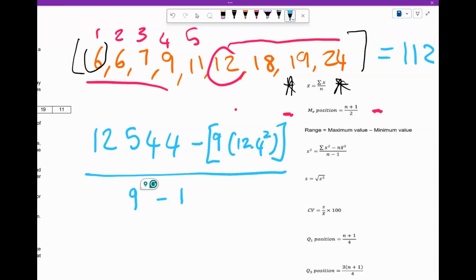And what I always advise is first calculate this, get whole numbers or flat numbers, and then proceed.